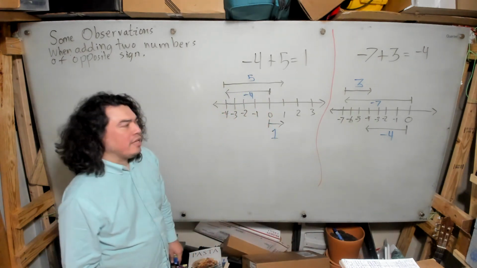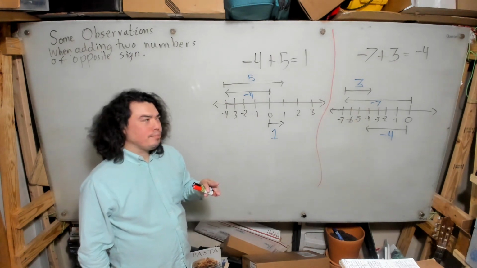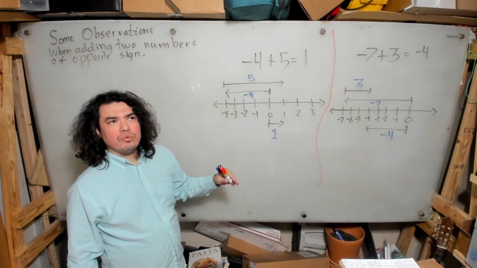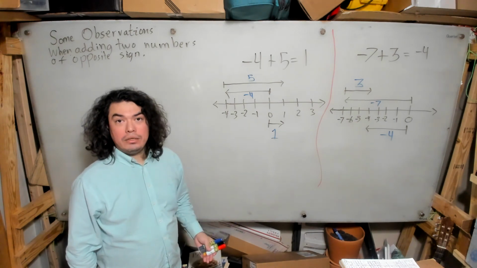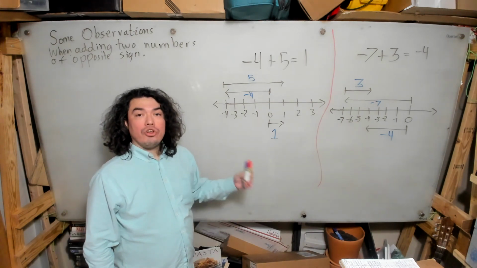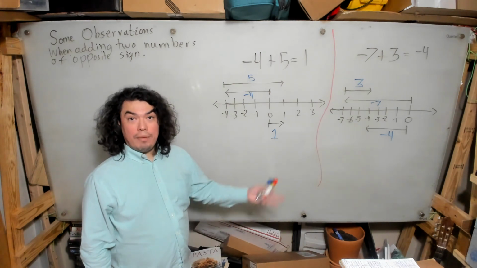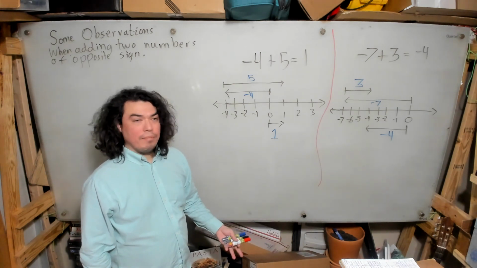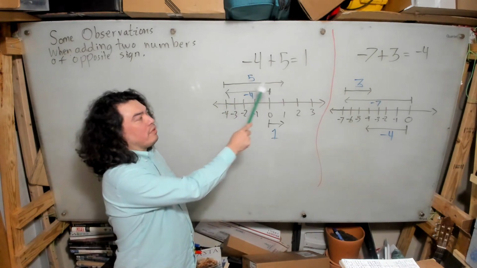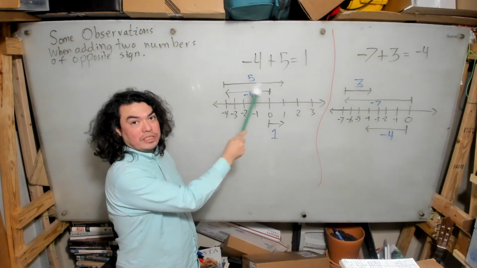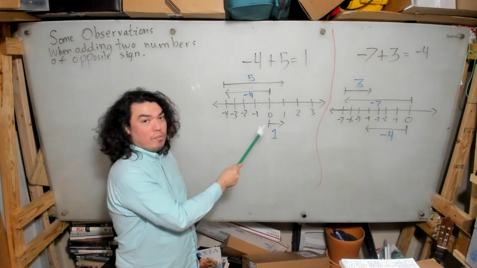And so you can see that in both cases, if you look at the arrows representing the numbers being added, the arrow that is longer will have the direction of the arrow that represents the sum. In this case, the positive number, which is 5, had the longer arrow representation, and hence the sum was positive.